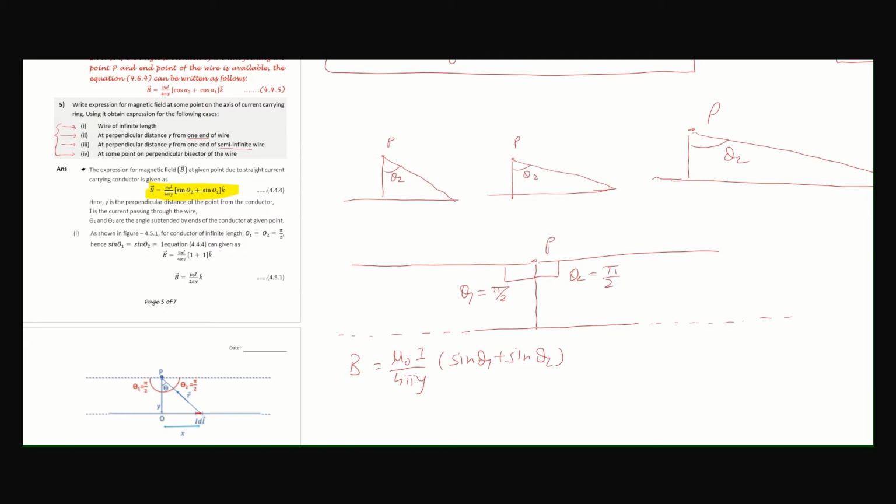If I consider theta 1 and theta 2 to be 90 and 90, I'll have mu 0 I by 4 pi y (sine 90 degrees plus sine 90 degrees). Sine of 90 degrees is 1, so I have 1 plus 1, that is 2, and I have 4 here. So ultimately I'll get mu 0 I by 2 pi y.